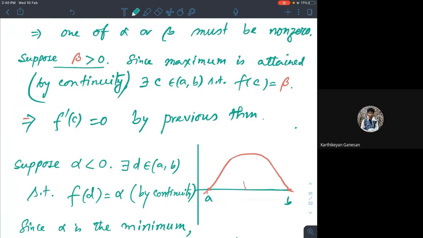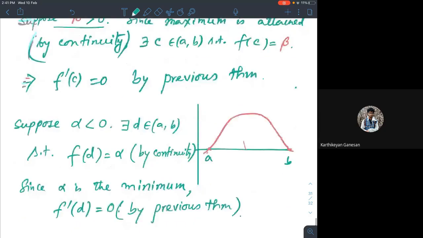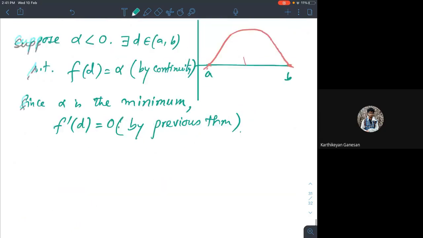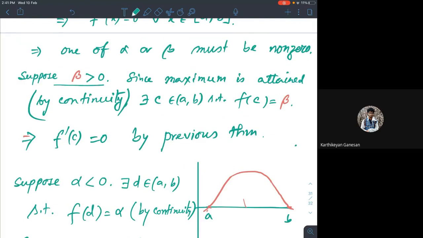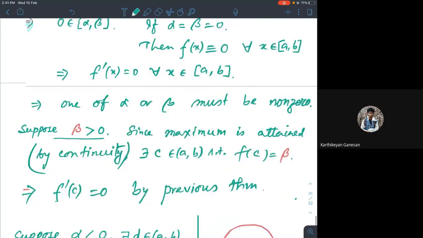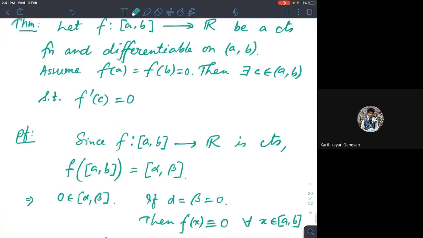There is an intersection between these two cases. It can happen that alpha is less than zero and beta greater than zero. Then you can choose any of the cases. The maximum and minimum will be attained inside. There will actually be 2 points in that case where the derivative is zero, right?